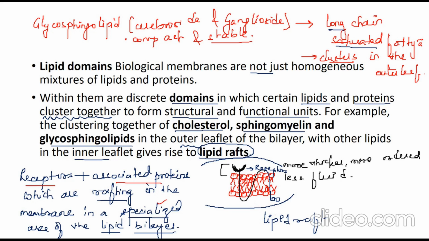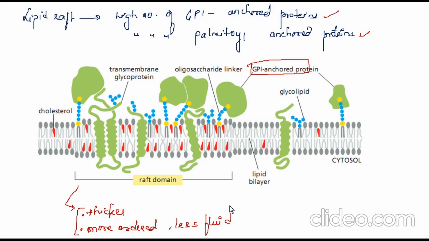Okay, they are less fluid than their neighboring phospholipid bilayer. They are mainly made up of cholesterol and sphingolipids. Next, these lipid rafts have a high number of GPI anchored proteins and palmitoyl anchored proteins.